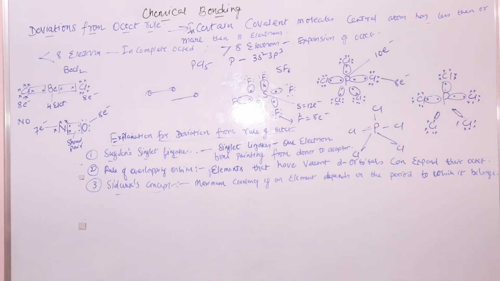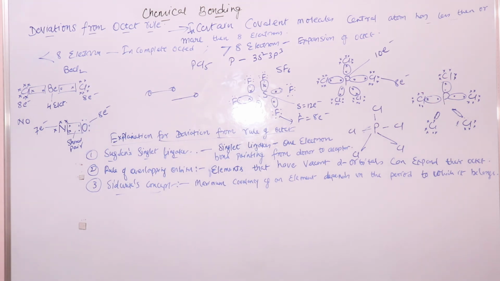So the maximum capacity of the valence shell of an atom to have electrons, for the elements mentioned above, is this much. This is Sidgwick's concept, which says it is not essential that atoms show a maximum covalency of 8.